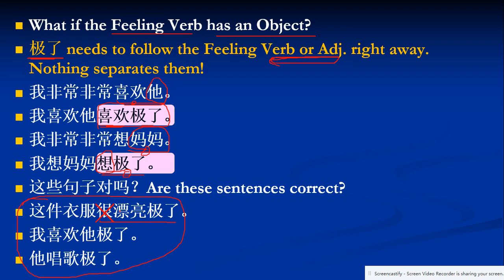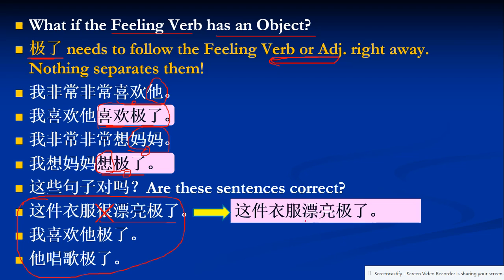It's incorrect because 很 is one degree already, and 极了 is a different degree. It's extremely. 很 means very. So they are not working with each other. You have to change it to 这件衣服漂亮极了. Remove one of those degree adverbs in the sentence.